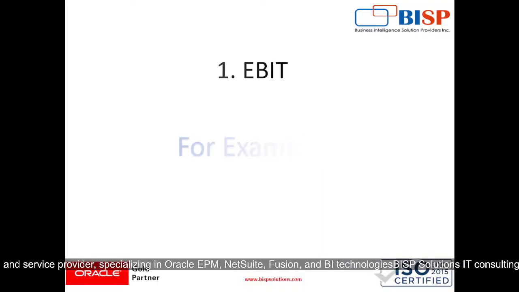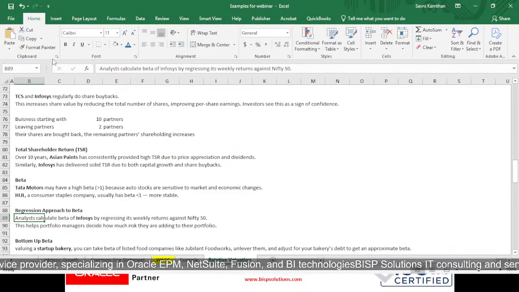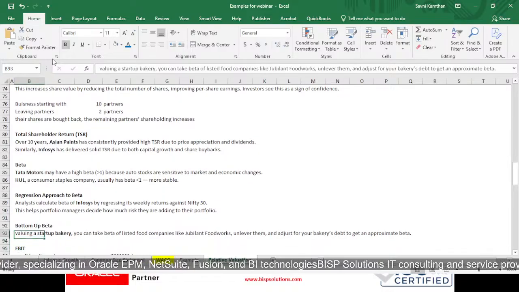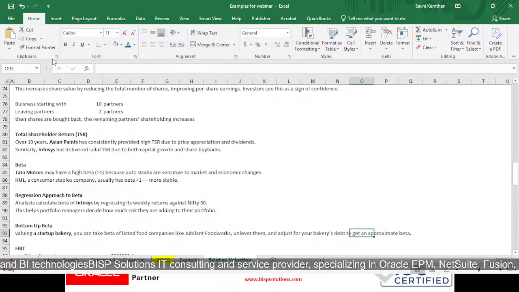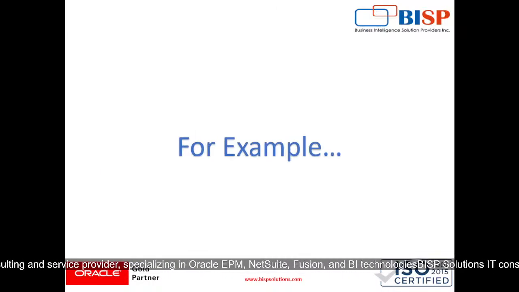For example, valuing a startup bakery, you can take the beta of listed companies like Jubilant FoodWorks, unlever them and adjust for your bakery's debt to get an approximate beta, right? It is like guessing your shop's performance based on how nearby shops perform after adjusting for how much loan you took, right?